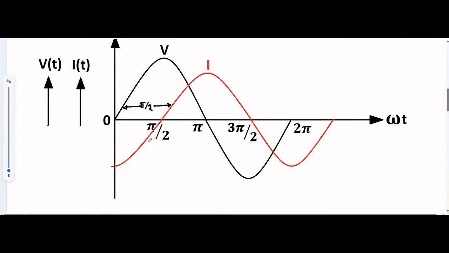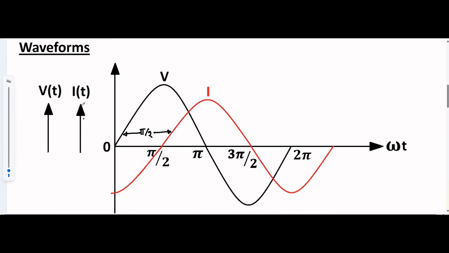This is the AC waveform for voltage and current. The current lags behind voltage by 90 degree or pi by 2 radian, or voltage leads current by pi by 2 radian or 90 degree. In whichever way you want to express it, it will be correct.